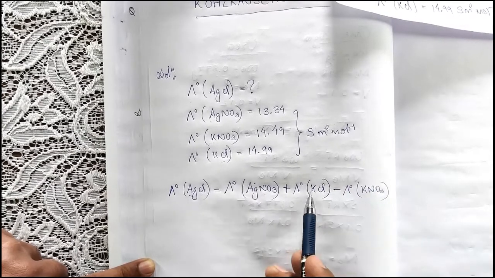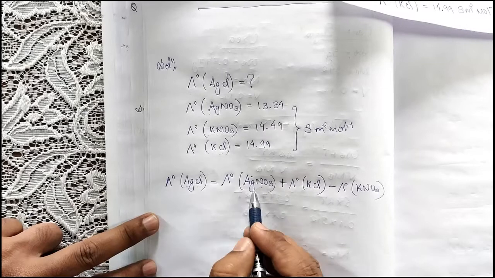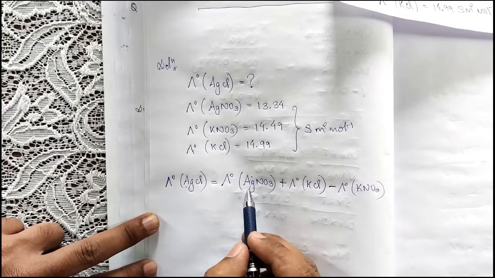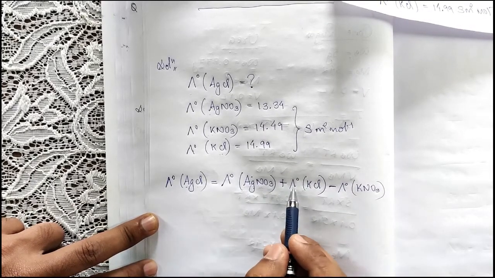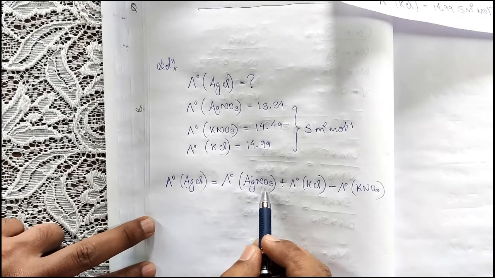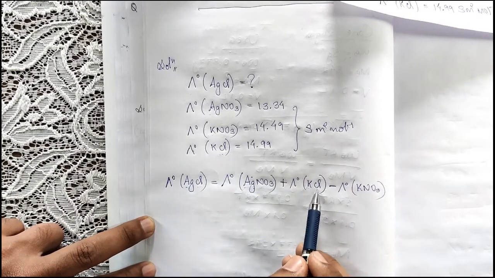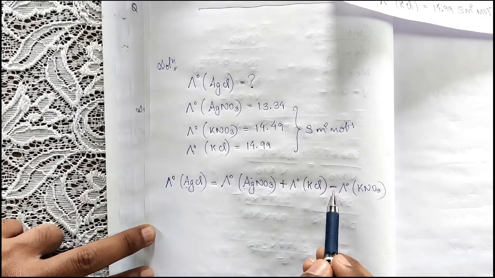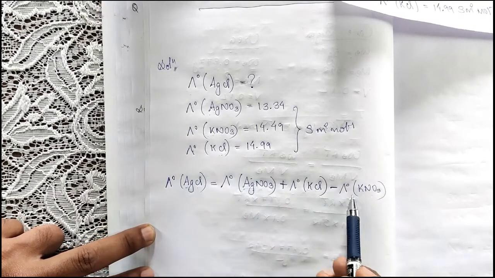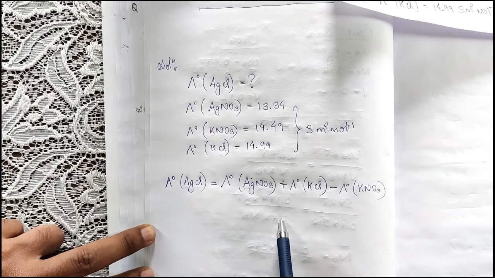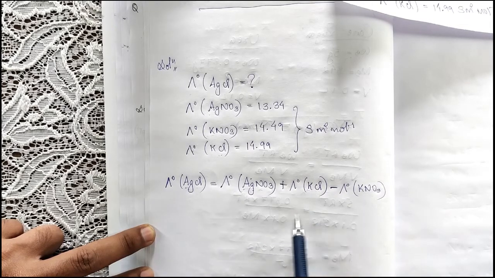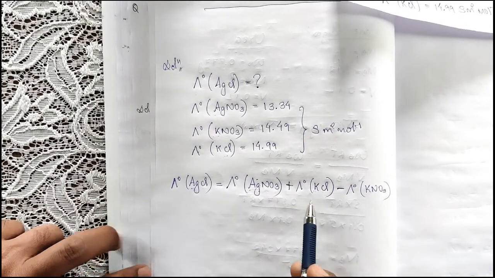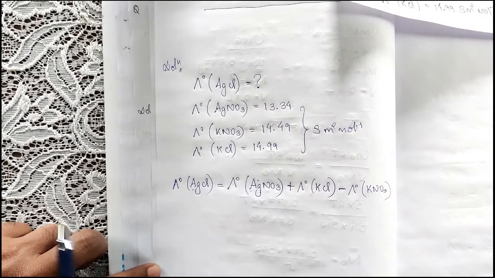So now from these two, when I add them together, I'll be having AgCl as well as KNO3. Since we don't need KNO3, I'm subtracting this KNO3 out here. So from here one KNO3 will come, and from this KNO3 both of them will subtract together, and only we shall have Ag.